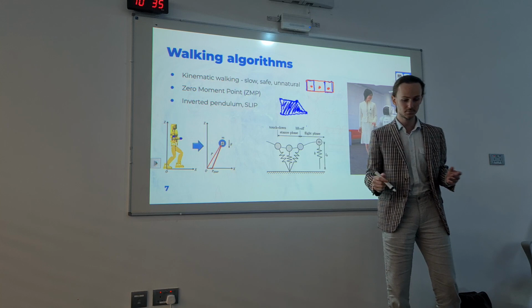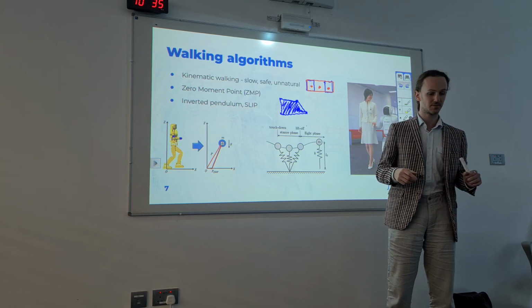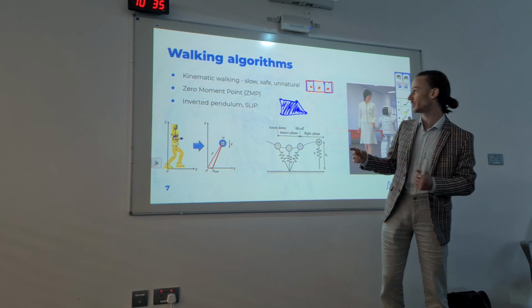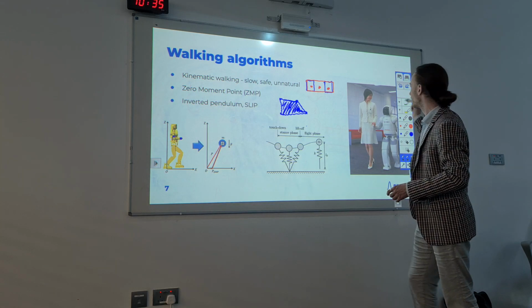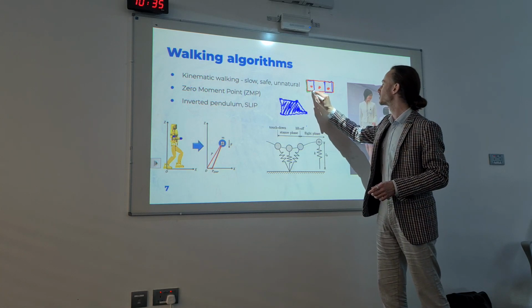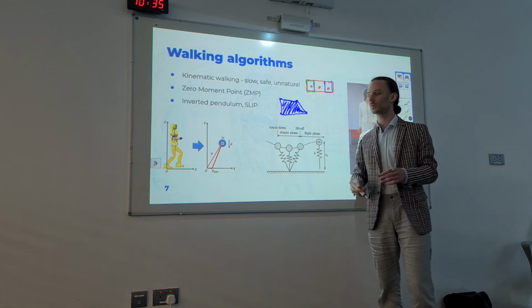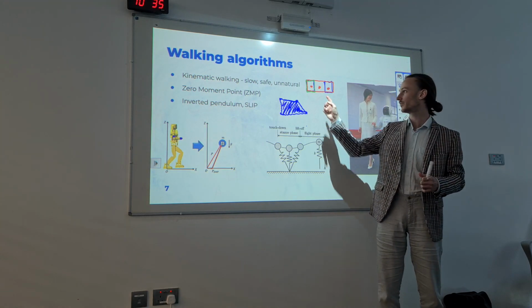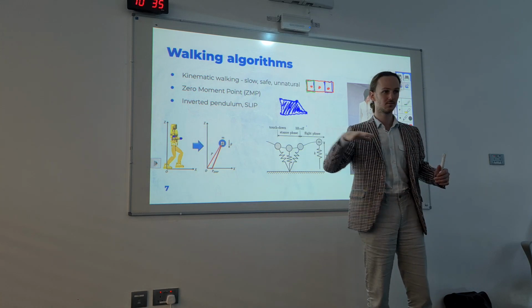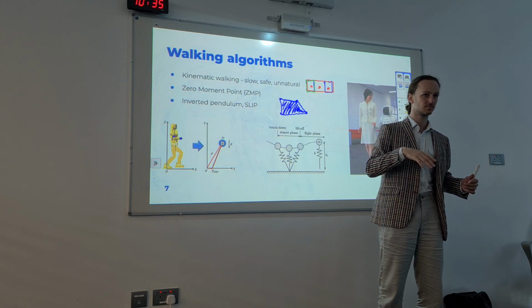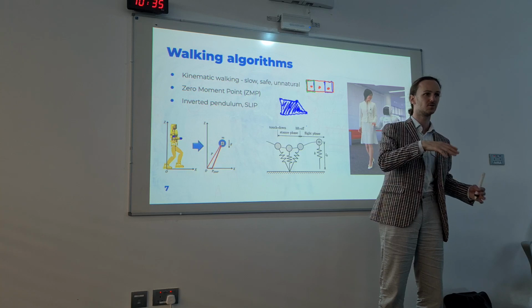And when I'm lifting one of the feet, I change the support polygon. So now the support polygon becomes like this, and in order for me to still stand, I have to first move my center of mass into this new support polygon.